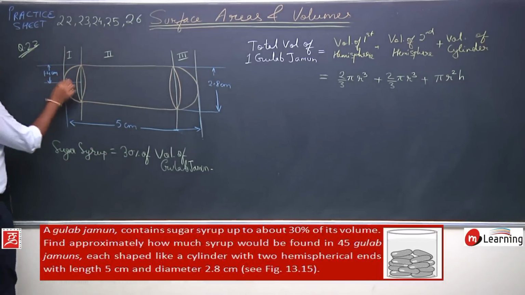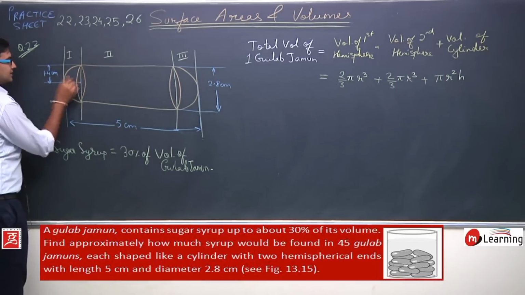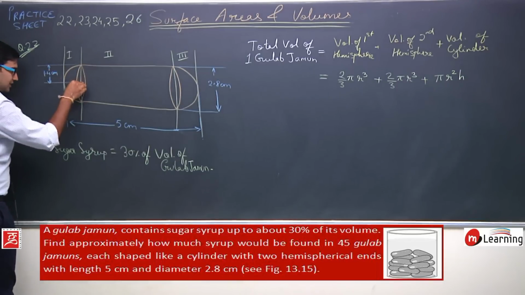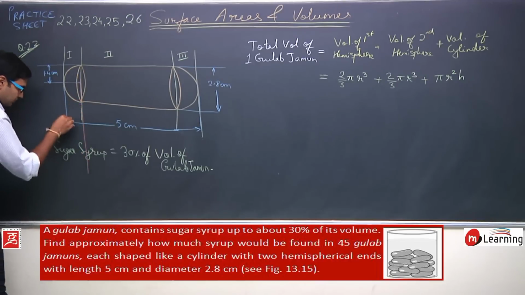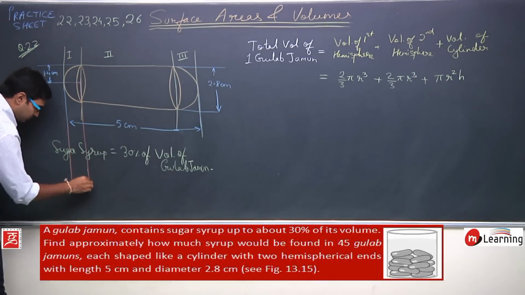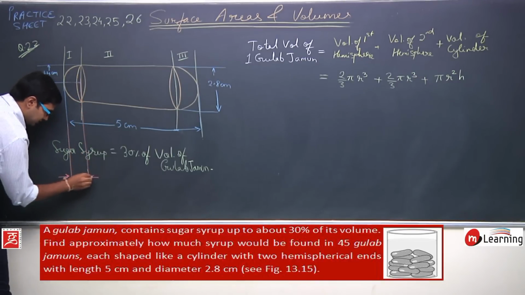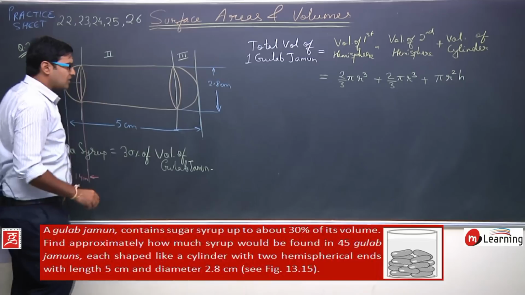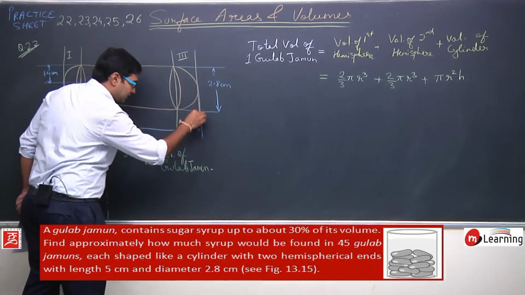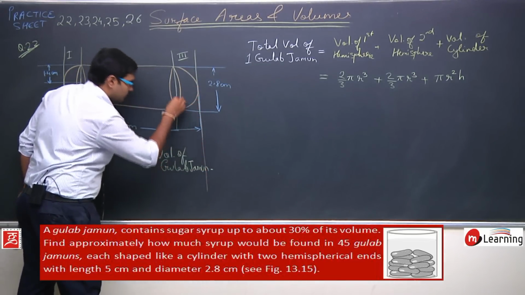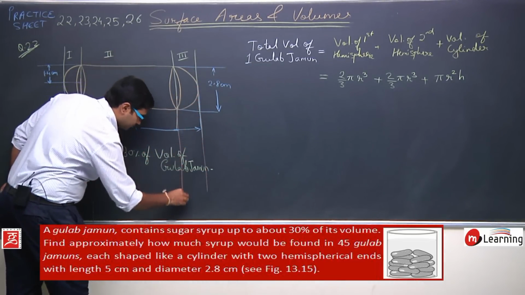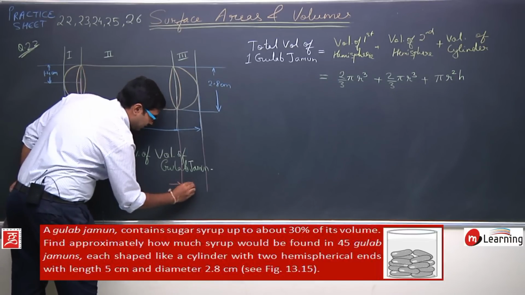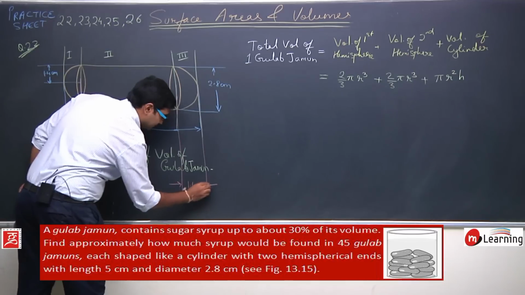I can see for this hemisphere the radius is 1.4. So this length is 1.4 centimeters, and similarly at this end this length is again 1.4 centimeters.